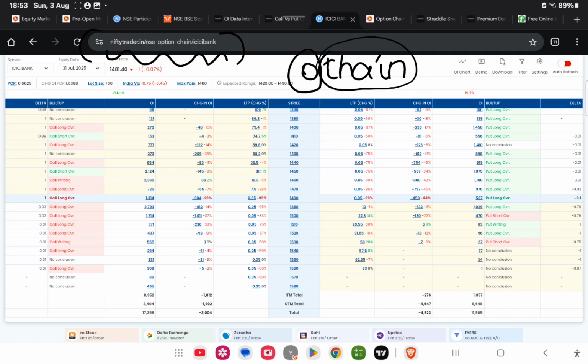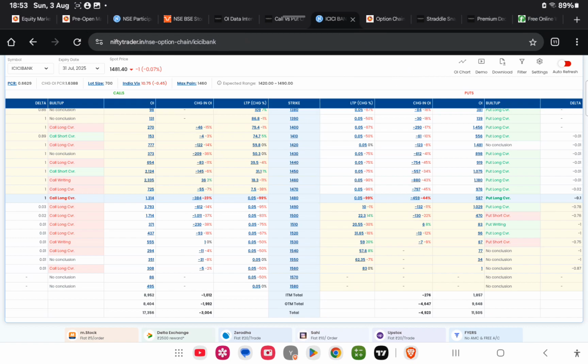Let's see what setups we can analyze first. First is the symbol. In the symbol you find all the stocks that are listed in futures.